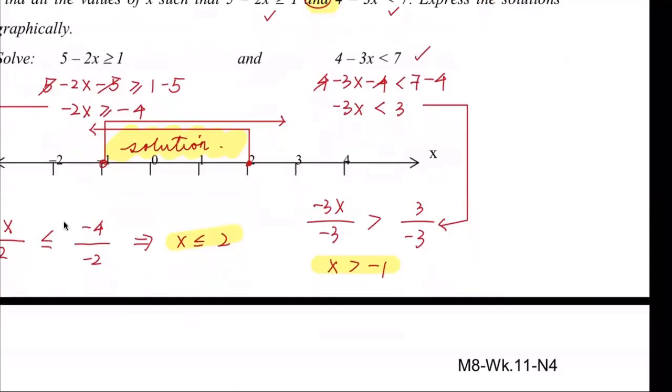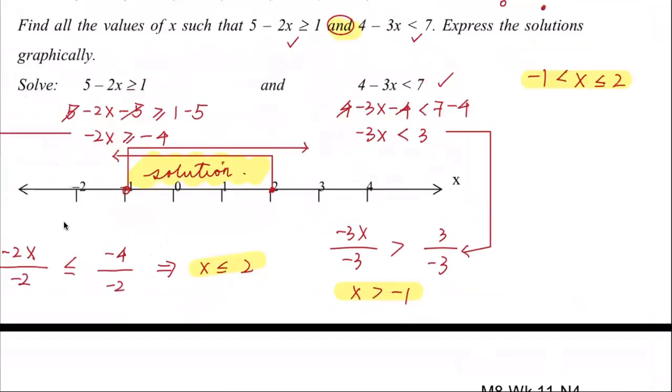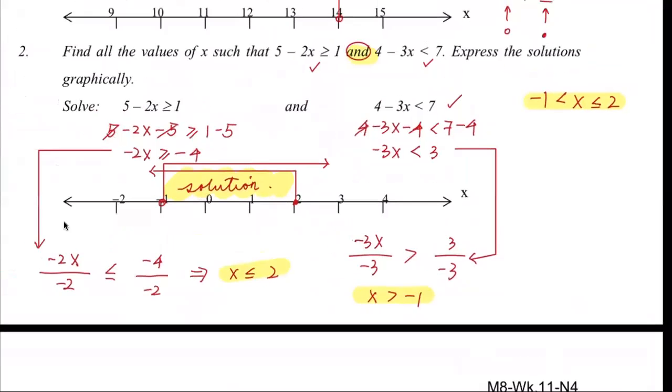We can write it as x is greater than -1 and smaller than or equal to 2. Okay, so you can write a solution like this. So this is the numeric solution, and this is the graphic solution.